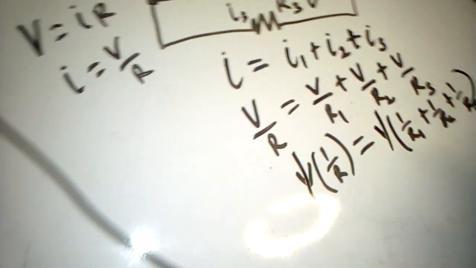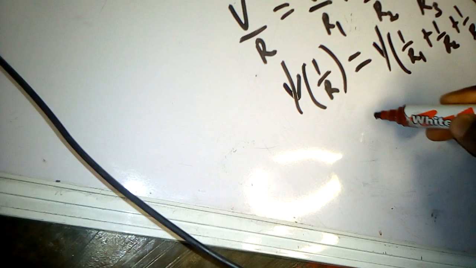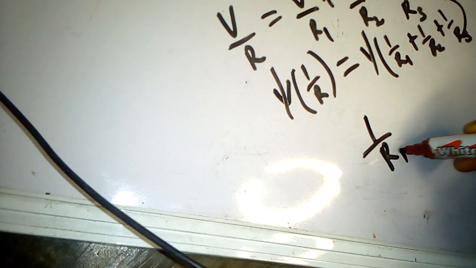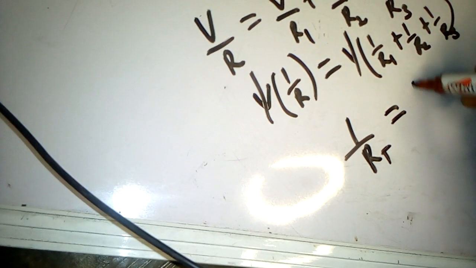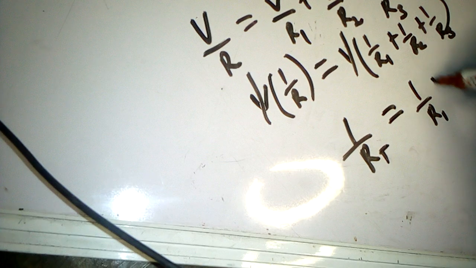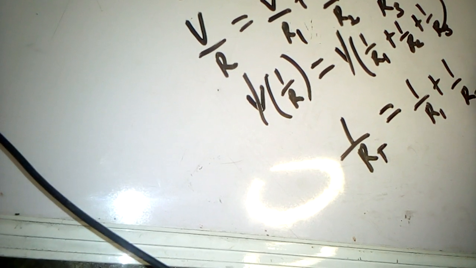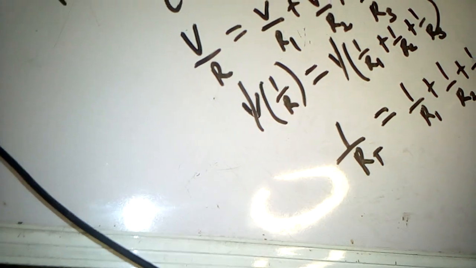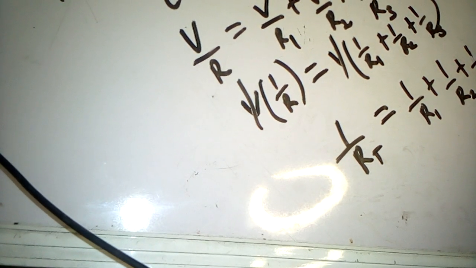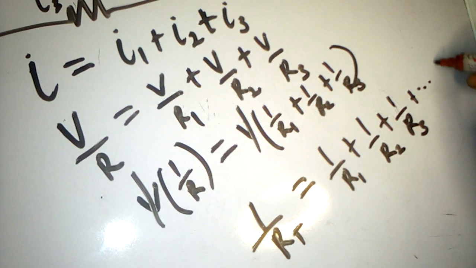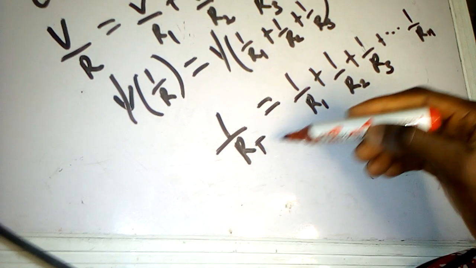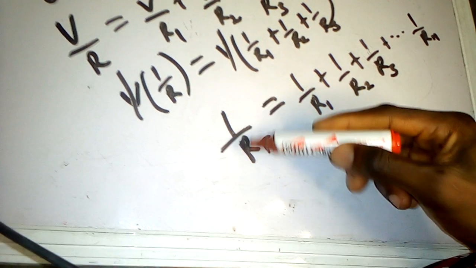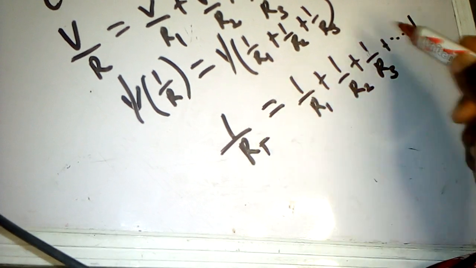So at the end of the day, if you want to find the total resistance in the circuit, you just have to add the reciprocals of the connected resistances: 1 over R1 plus 1 over R2 plus 1 over R3 plus dot dot dot 1 over Rn, if more than 3 are connected. By the time you want to solve for this, you just make RT the subject of the formula. That's the total resistance in the circuit.